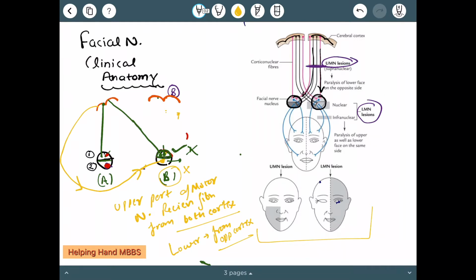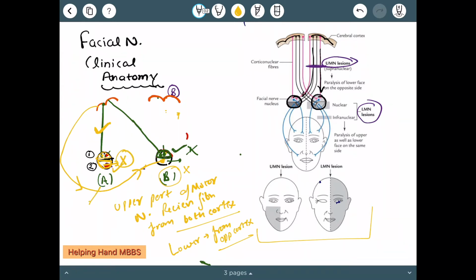So let us now think about A. What will happen to A? We can see clearly that the upper part of A is still getting fibers from the ipsilateral cortex, so there will be no compromise at the upper level. But the lower part is gone. The lower part has no fiber because it receives fibers from the contralateral cortex only, and because the lesion is contralateral, it is not getting any nerve supply.